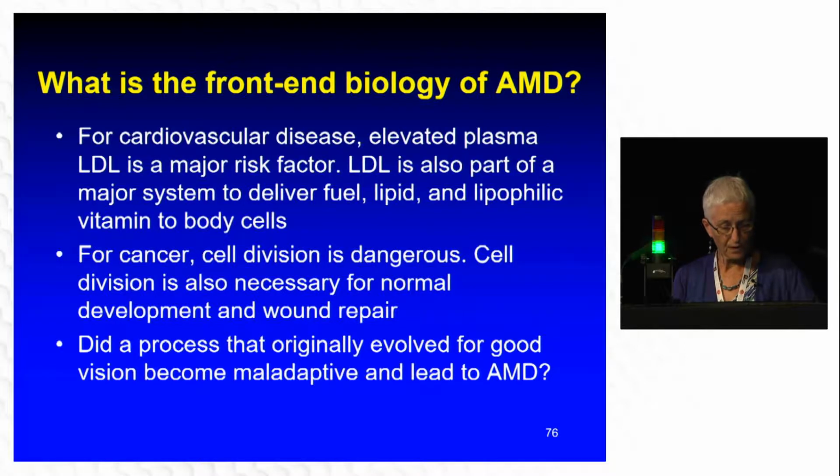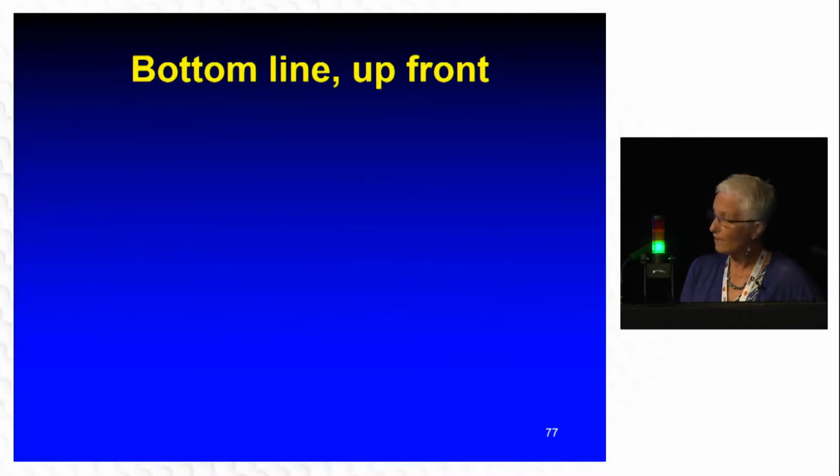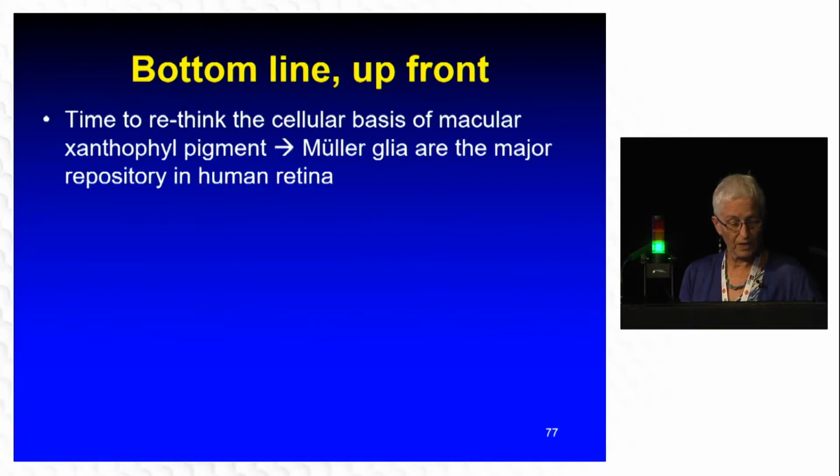So from that, my bottom line is that it's time to rethink the cellular basis of macular xanthophyll pigment. The Mueller glia in the retina are the major repository of the xanthophylls.